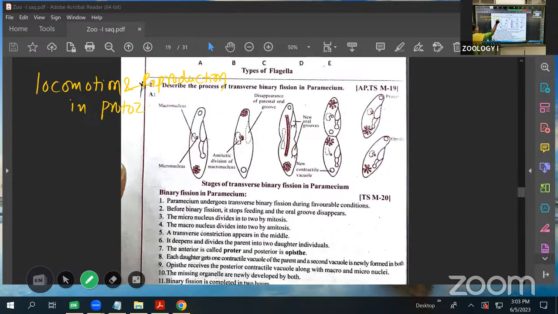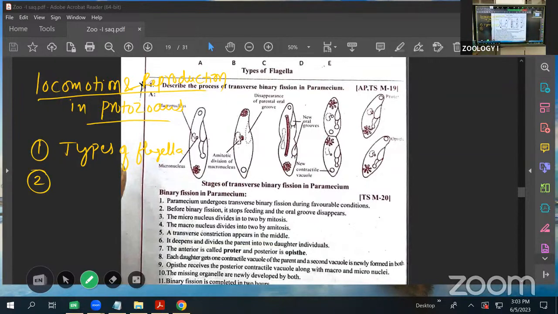In this, the 4 SAQs are important. First one is the types of flagella, which we already discussed. Second, I am going to explain the transverse binary fission in paramecium.